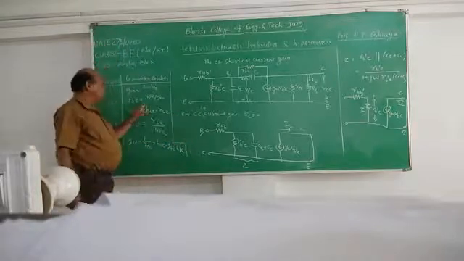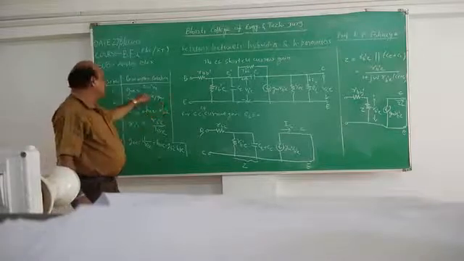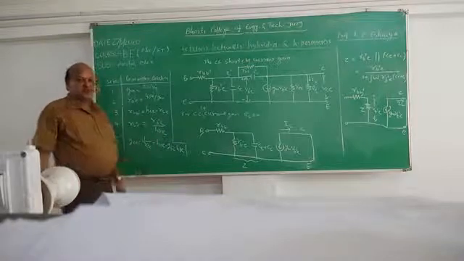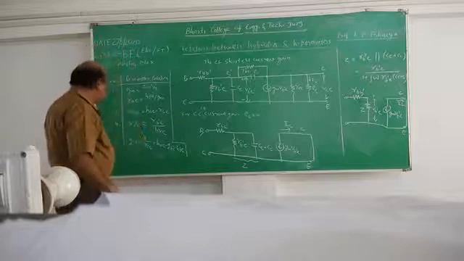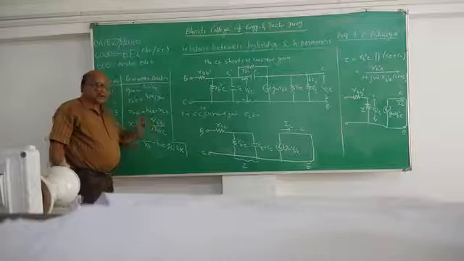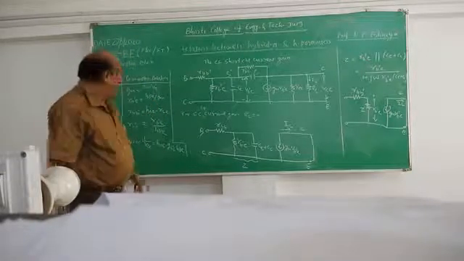So Rb'e is equal to hfe upon gm, the transconductance, in the first equation. Another relation is Rbb', called the base spreading resistance, which is equal to hie minus Rb'e.